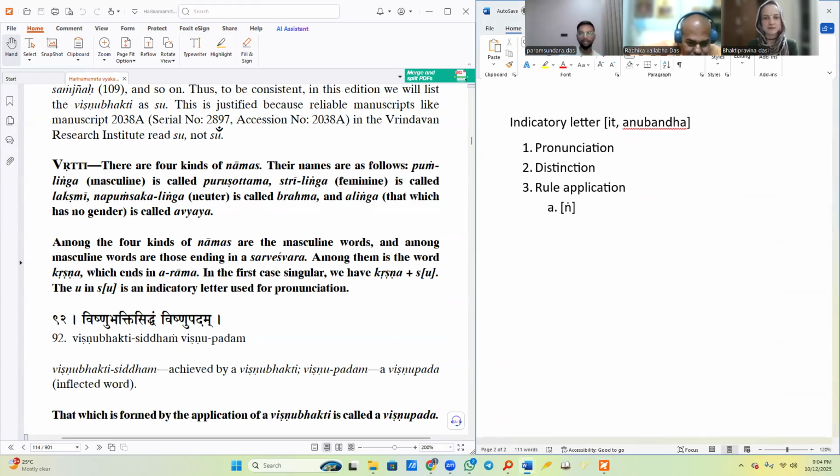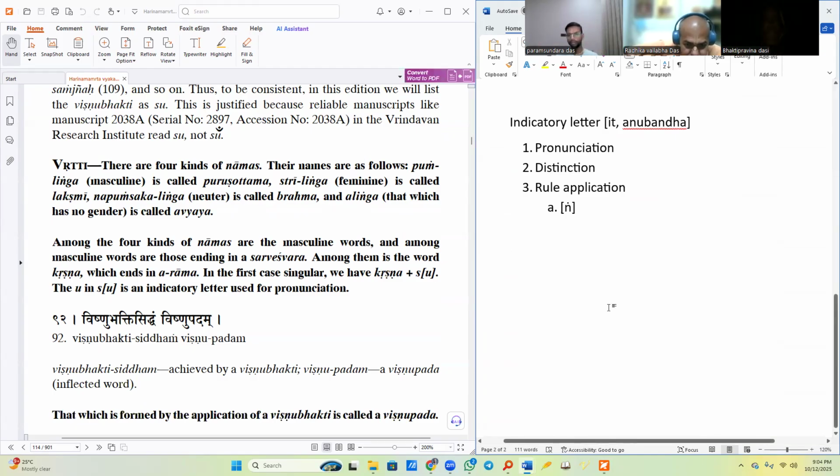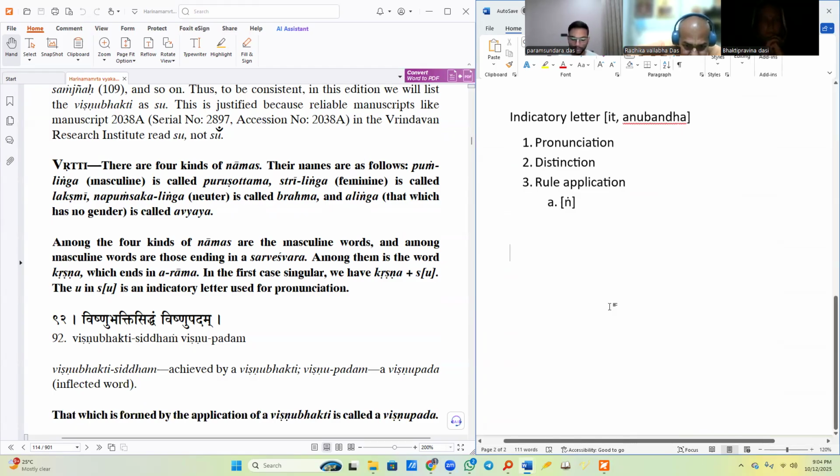Now, for this chapter, I'll just give you a brief overview. Sanskrit nouns basically are divided into two categories.